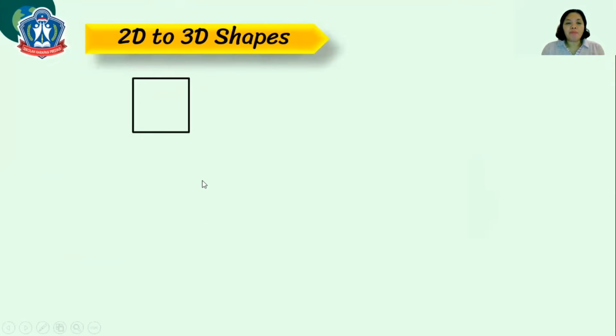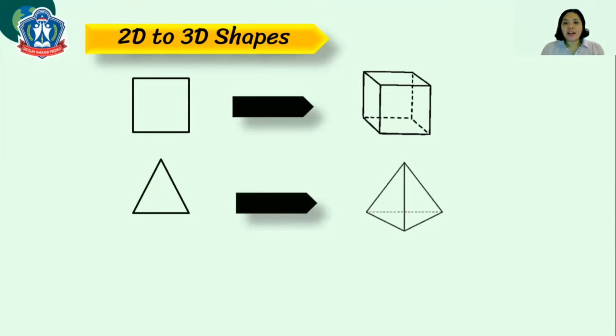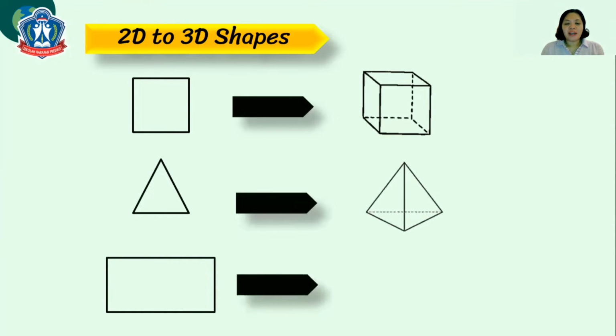So this is a square. A square is related to what 3D shape? Yes, a cube. How about a triangle? This one is a tetrahedron. And how about a rectangle? You will use a rectangle when you make a cuboid.